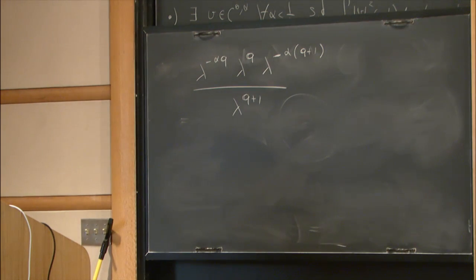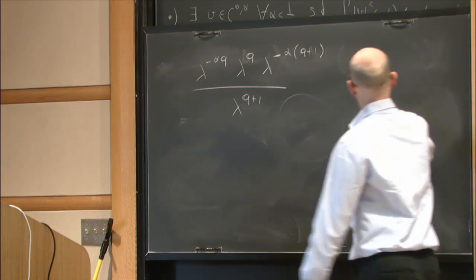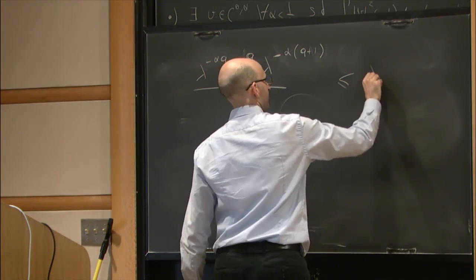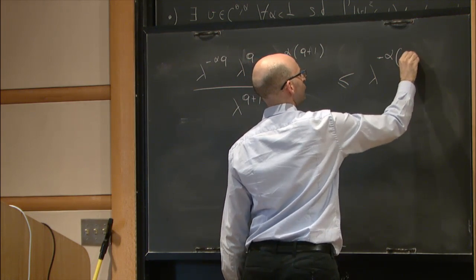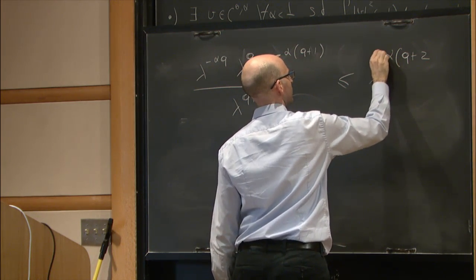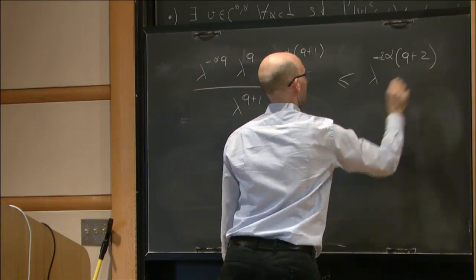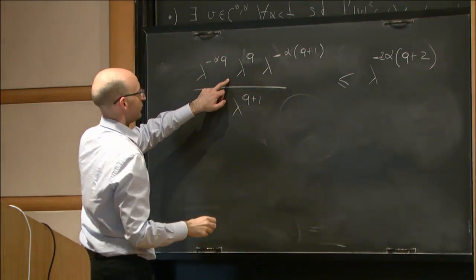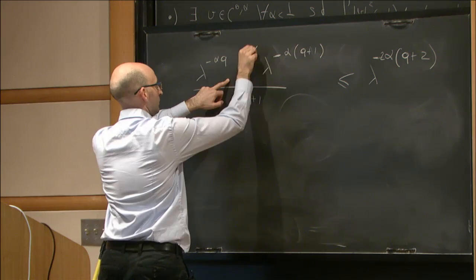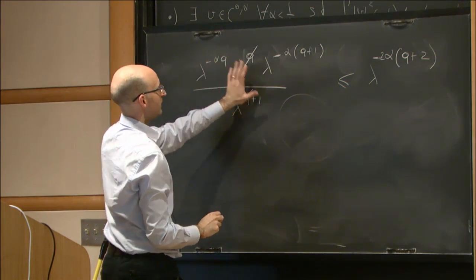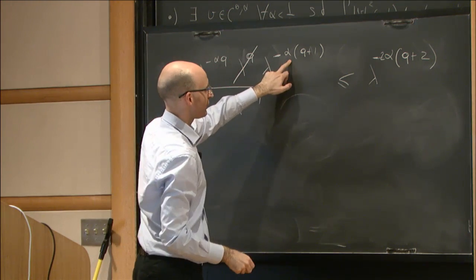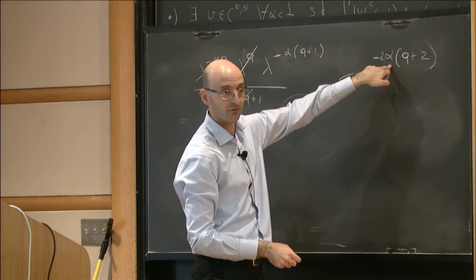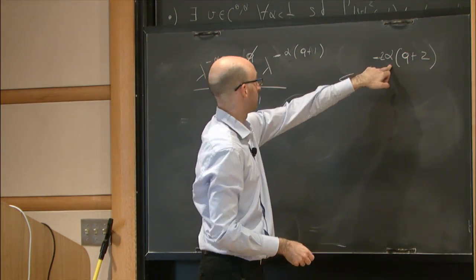Okay, and then I have delta Q plus 2, which is lambda to the power minus alpha times Q plus 2, minus 2 alpha, sorry, because I don't have the square root. Okay, and now you see what is very nice, right? So the Q goes away. Let me look at the exponents. I have a minus alpha Q, and it goes away with minus 2 alpha Q. So they balance also.